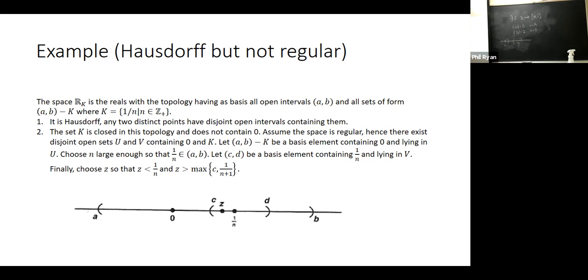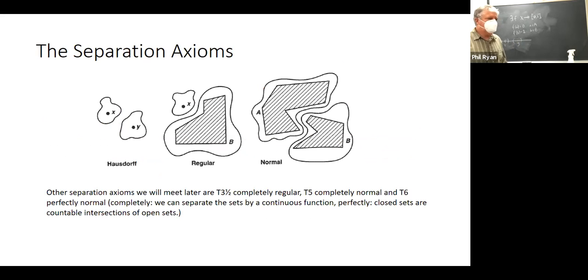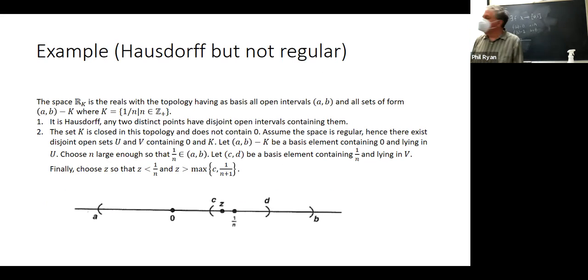So why is it not regular? Remember what regular means. It means given a point and a closed set, we can find disjoint open sets. In this case, the closed set we're going to look at is K, and the point is 0.